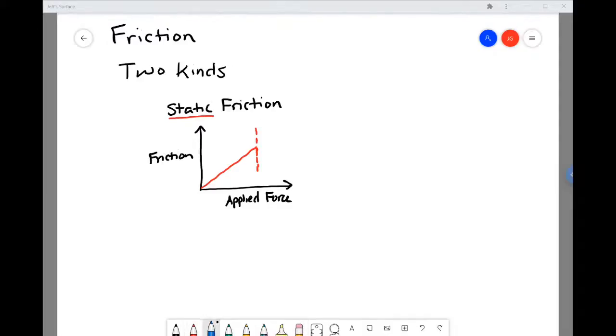And then what we saw is when that happens, there's another type of friction that takes over. Let's call it kinetic friction. And as Holly and Tyler noted in the comments, when kinetic friction takes over, its magnitude drops, but then it's constant thereafter.